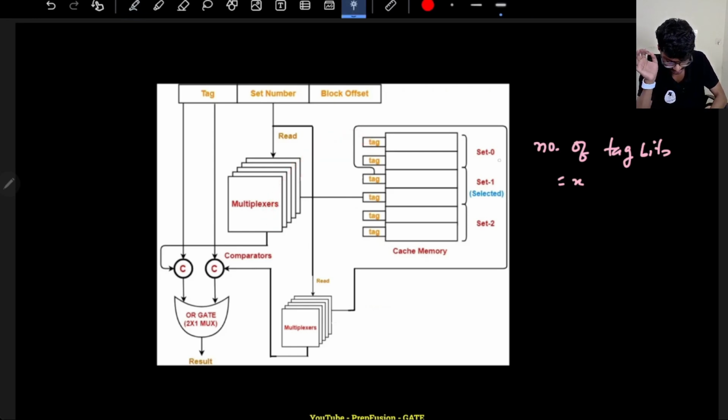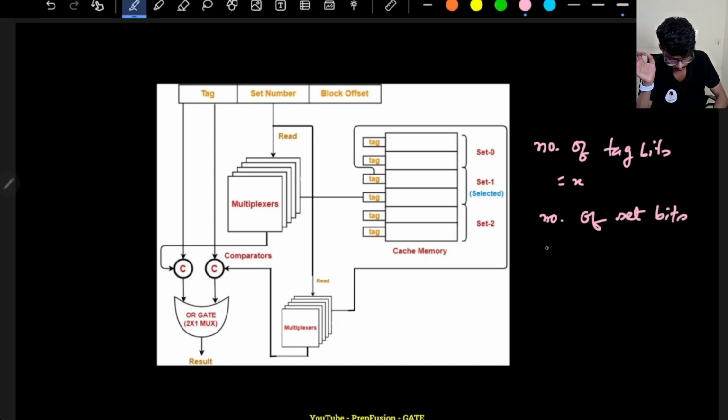But here I see the set number can be 0, 1, 2. So I need two set bits to define 0, 1, 2, all these numbers, right?